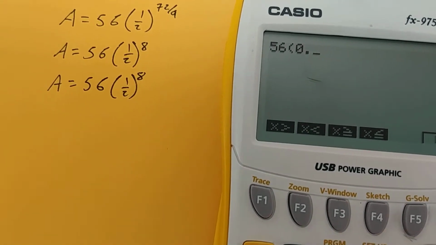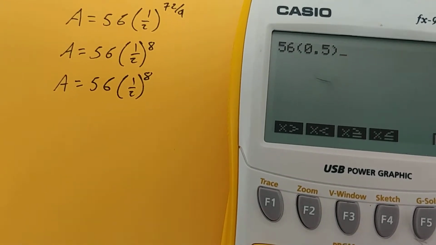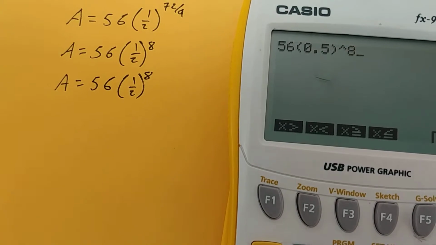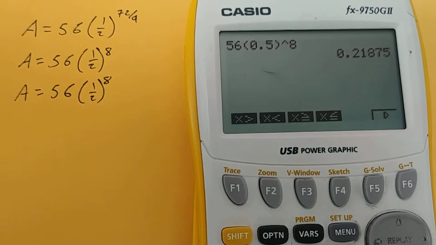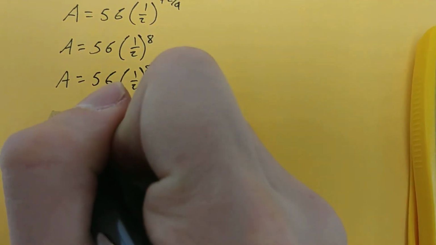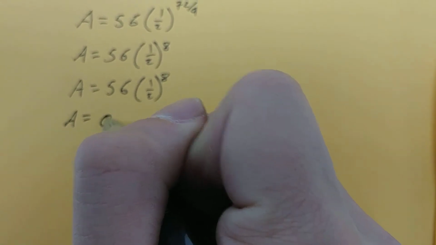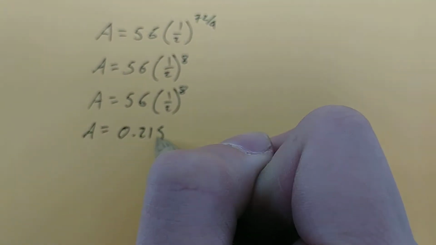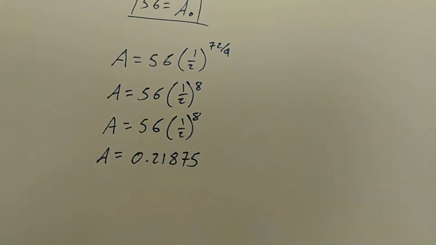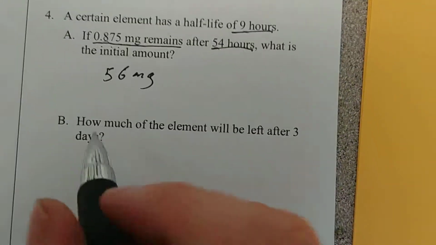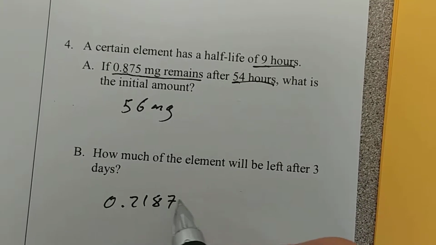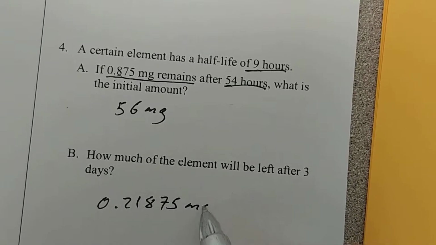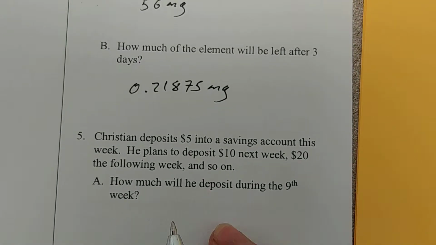I'm just going to rewrite it as 0.5, parentheses raised to the 8th power, equals, that's my final answer. So A is equal to 0.21875. How much of the element will be left after 3 days? 0.21875 milligrams will be left.